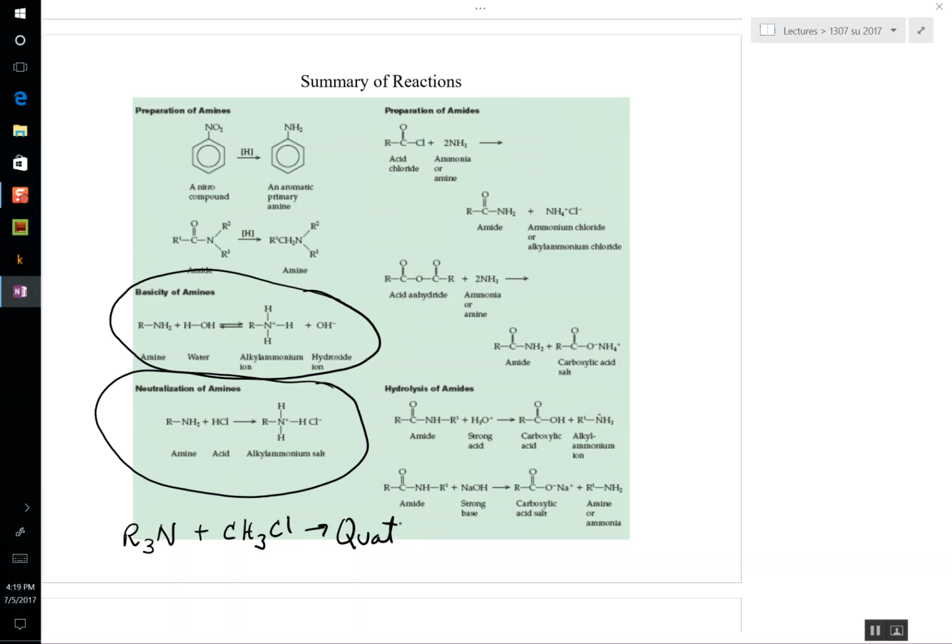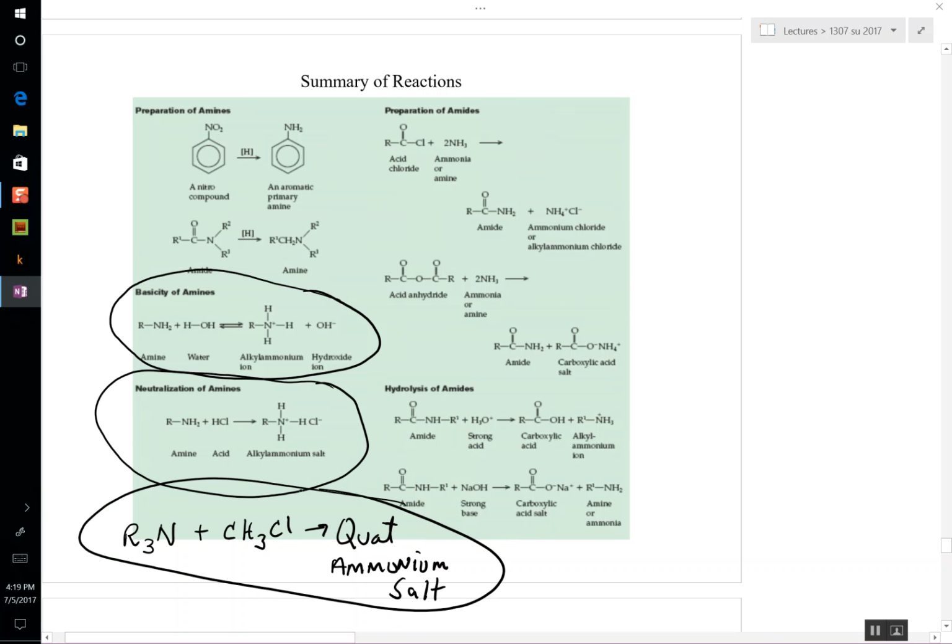It reacts with methyl chloride to form a quaternary ammonium salt. All right, so know that reaction. And we're not going to dive into these other reactions.